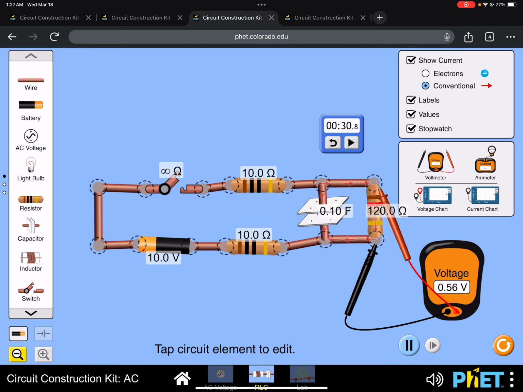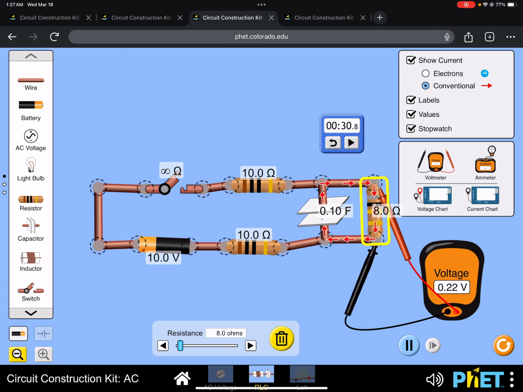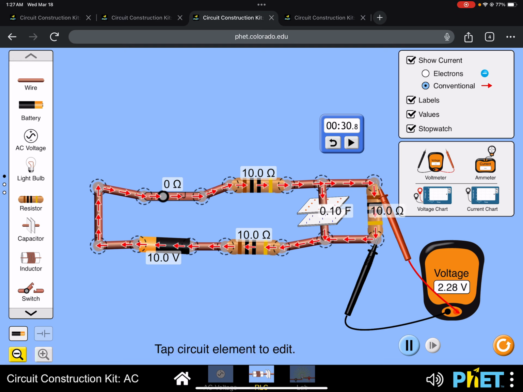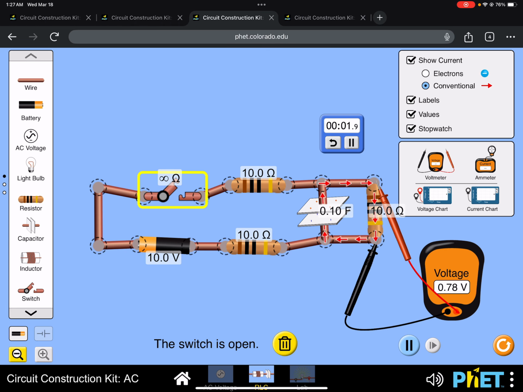So now let's charge it up again. I'm going to switch this to 10 ohms to make it like the original example. Okay, so let's charge this back up. It reaches steady state. So right now we're at steady state. Let's reset our stopwatch and see how long it takes to fully discharge.